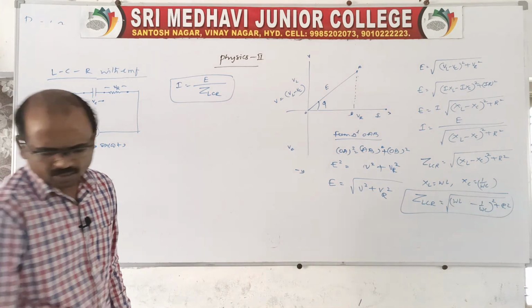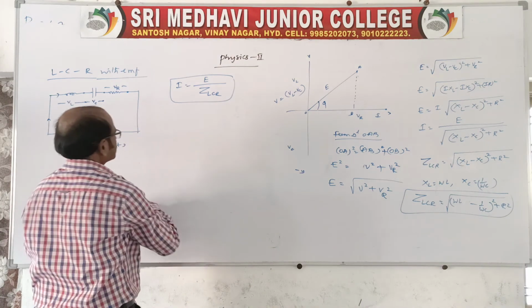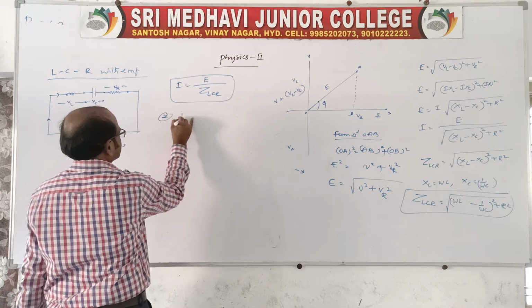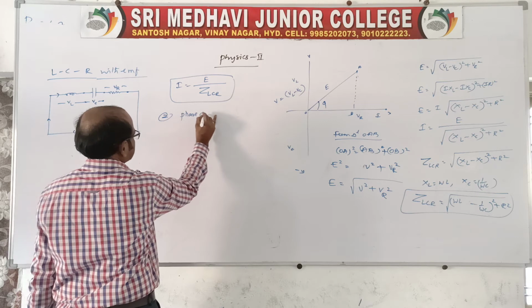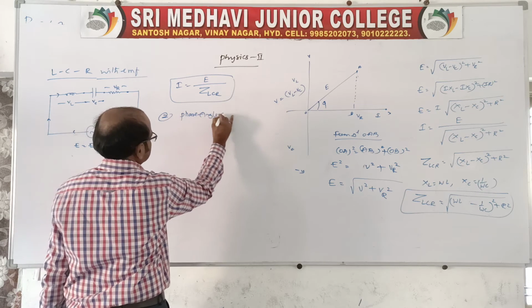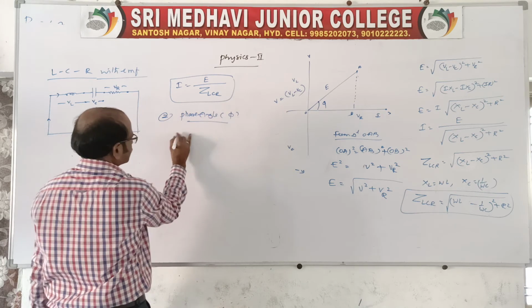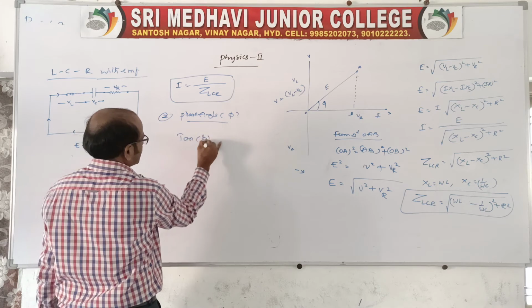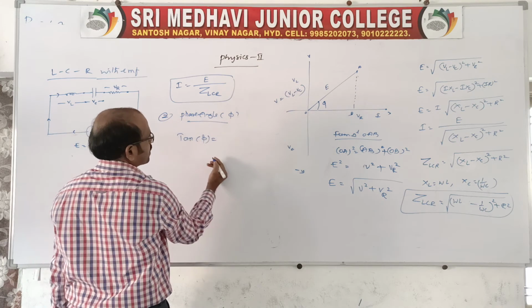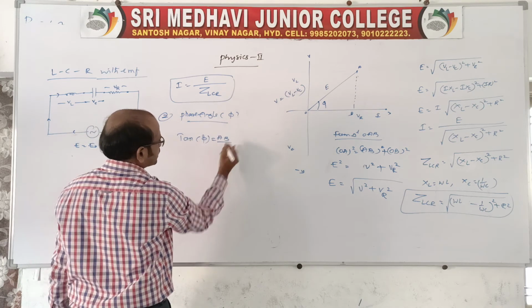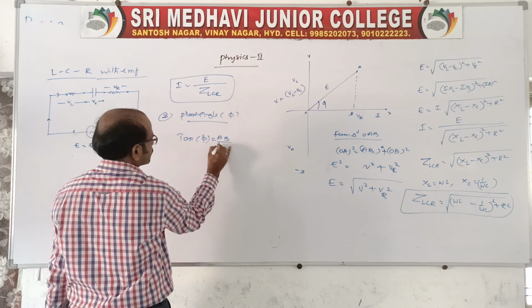Now I want to say phase angle also. That is case 2. Here you write the phase angle as phi. Therefore tan phi is equal to opposite AB by adjacent OB.